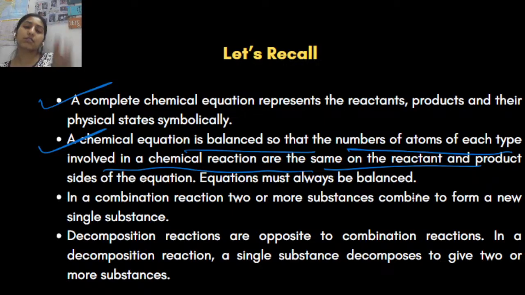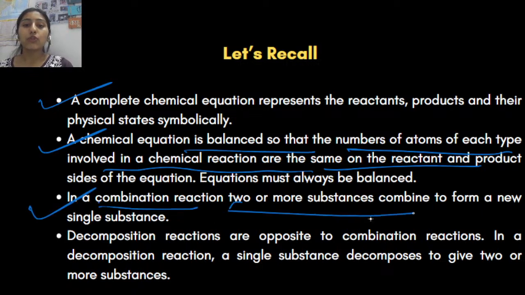This is the law of conservation of mass. The mass of each element should be equal on both sides of the reaction, either product side or reactant side.